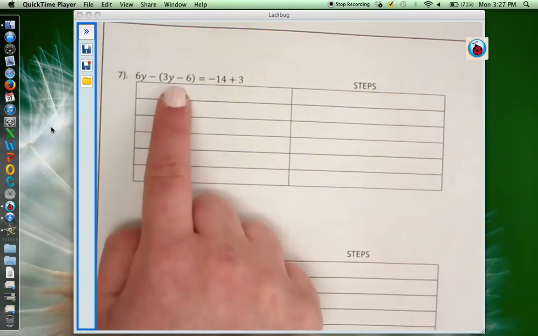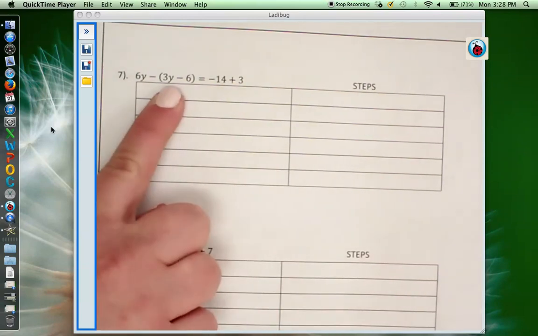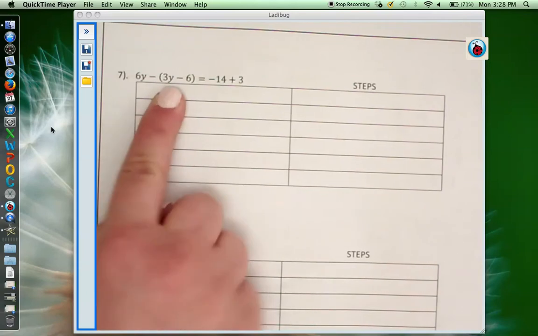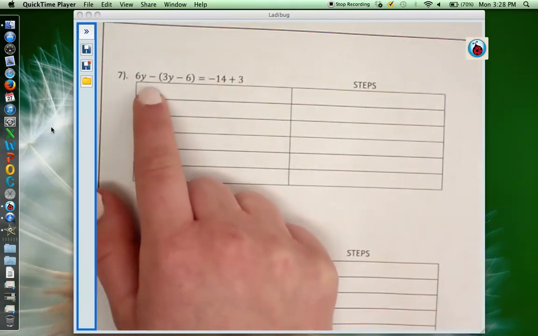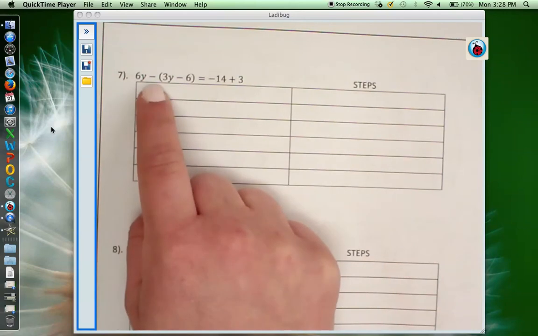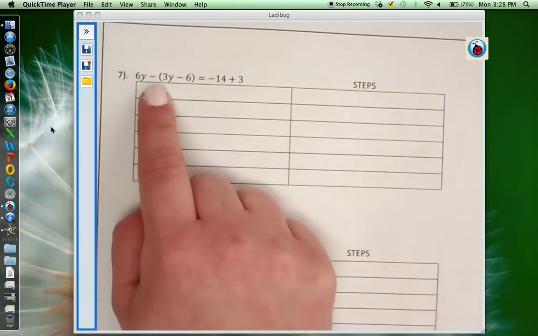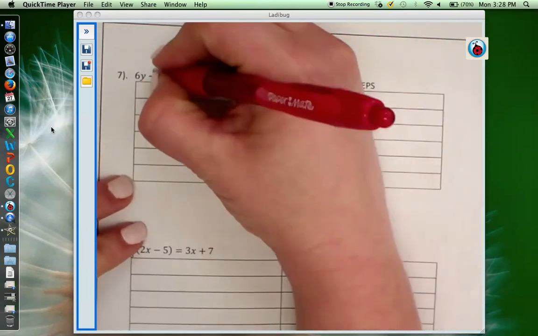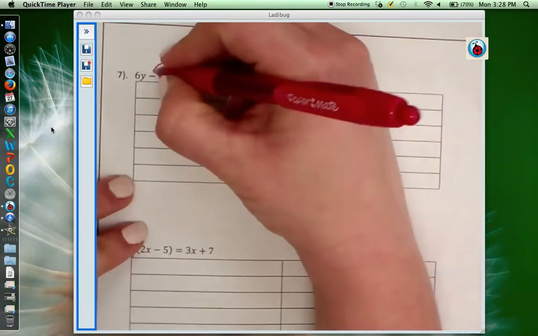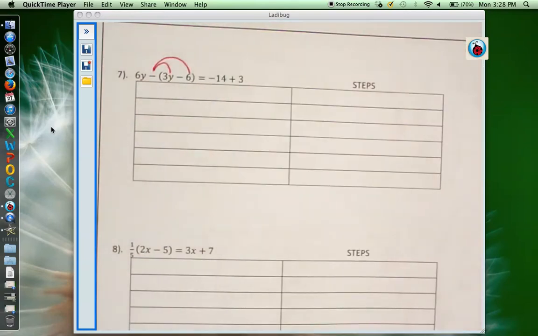First thing I'm going to deal with is these parentheses. I would like to get rid of these parentheses by distributing, well, there's no number that's right in front of the parentheses being multiplied. In reality, the number being multiplied by this is negative 1. So what I'm kind of distributing here is the minus. I'm going to distribute minus to 3y and minus to negative 6.